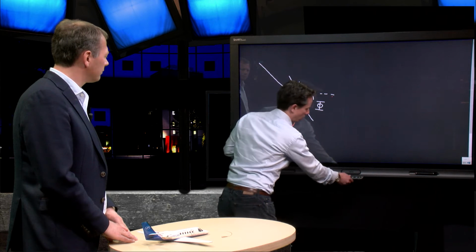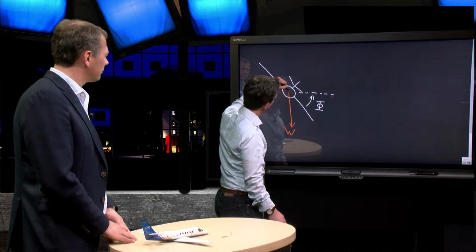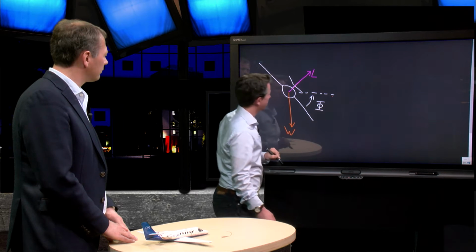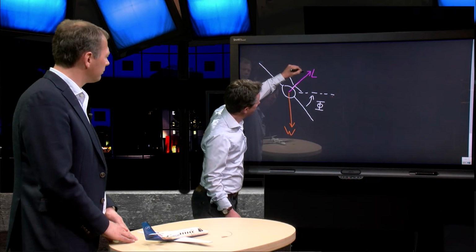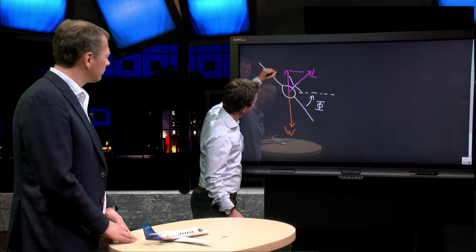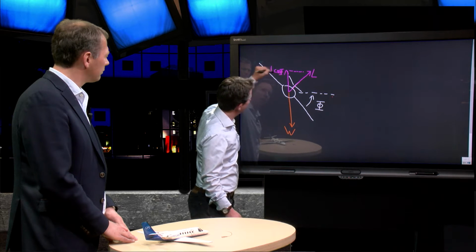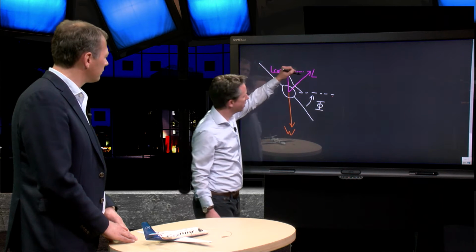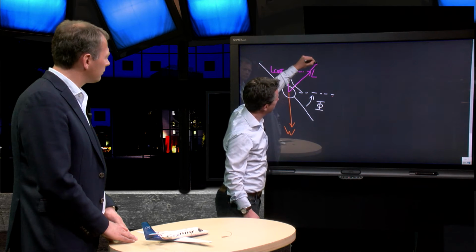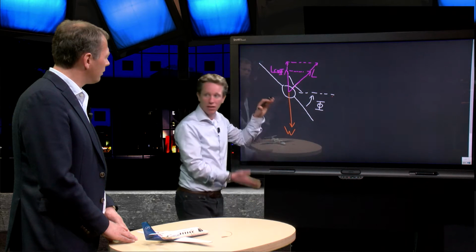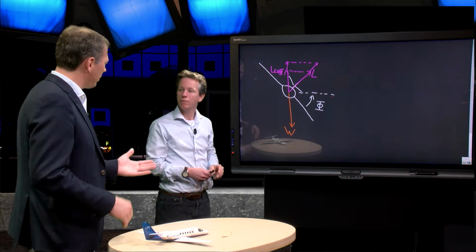And if we only bank the aircraft, then the lift factor will be tilted, right? So the vertical component of this lift factor, which is L cosine of the bank angle, is actually smaller than the weight. And this is why we have to increase the lift factor in order to balance the vertical equilibrium. And you do that by pitching up.